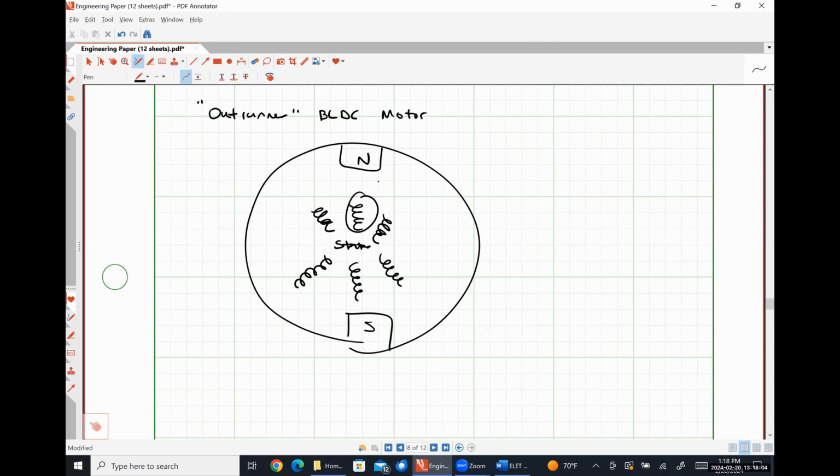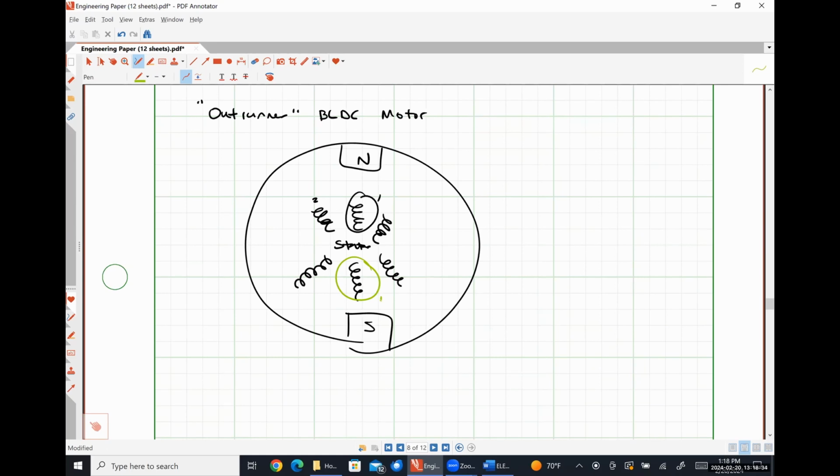And then right before it gets there, you turn this coil off and then turn this coil on so that it keeps pulling it around and around and around. And the exact opposite thing is going on with these guys down here. So we make this one look like a north pole when the other one looks like a south, just by winding it in the opposite direction. And so it's pulling it twice as hard because you have two of the coils doing the same thing.